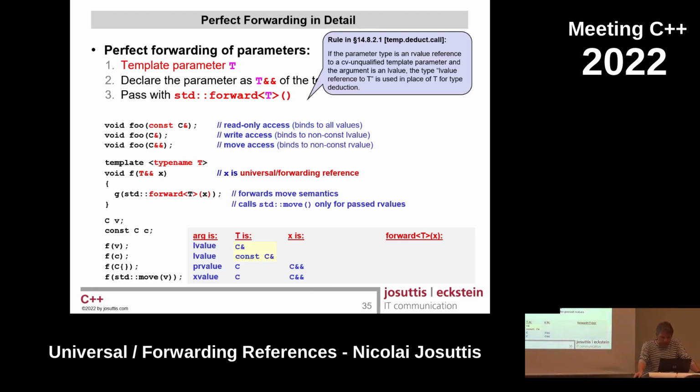And if then the argument is an L value, that is the case here, then the type of T is an L value reference to its type. So therefore, T, if you ask T, what is your type, and when you call this function, it's an L value reference to C or const L value reference to a C if you pass an L value. Otherwise, T is just the type.